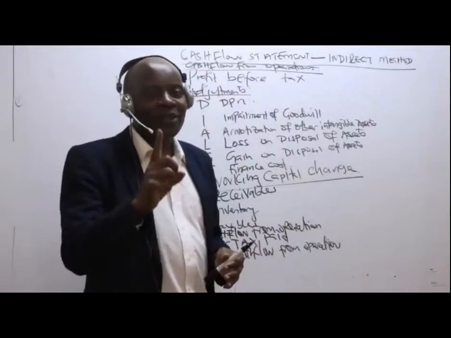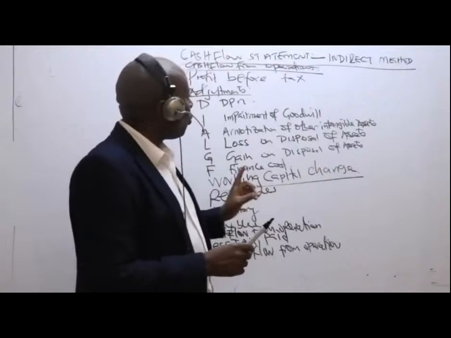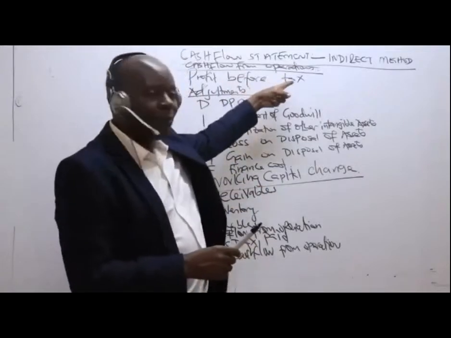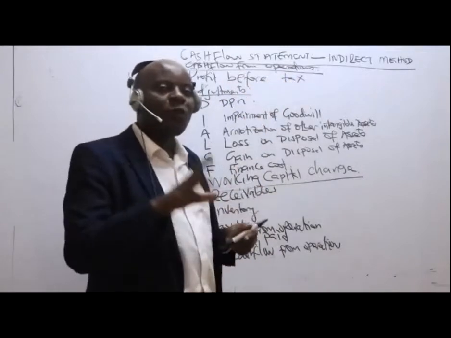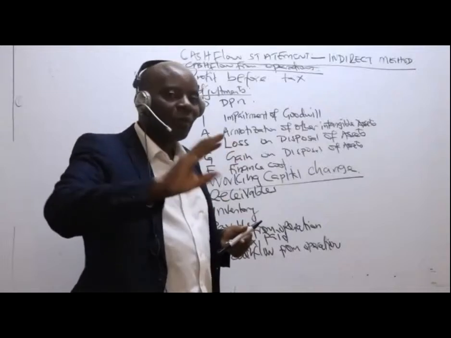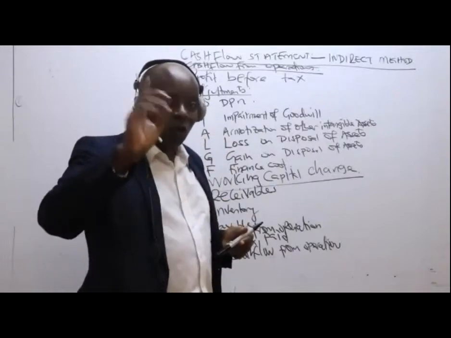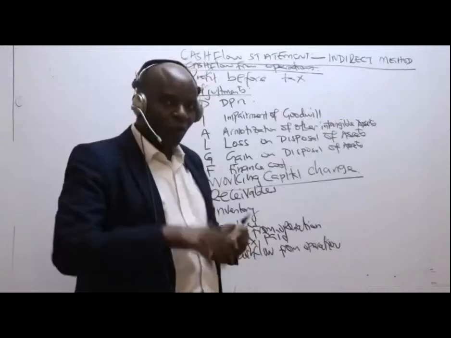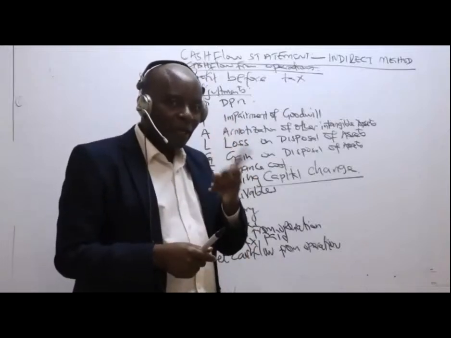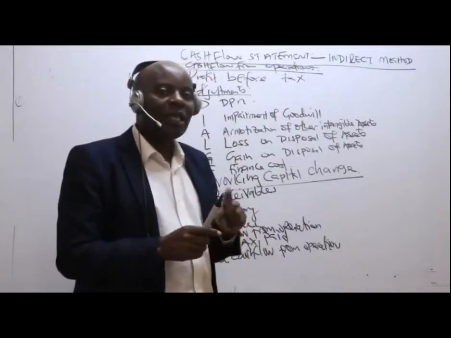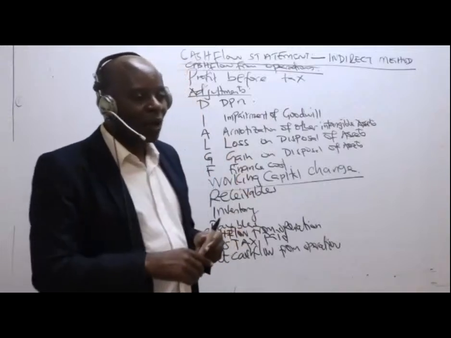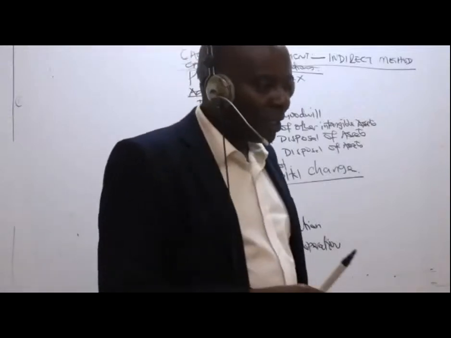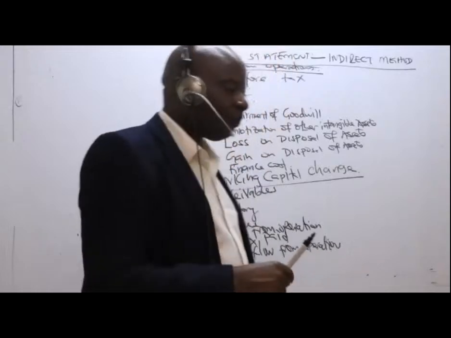The law needs you to pay dividends out of your cash flow from operations. So if your cash flow from operations is negative, you should not pay dividends, because the law prohibits us from borrowing for the purpose of paying owners dividends. If you do that, you will be taken as a bankrupt organization.